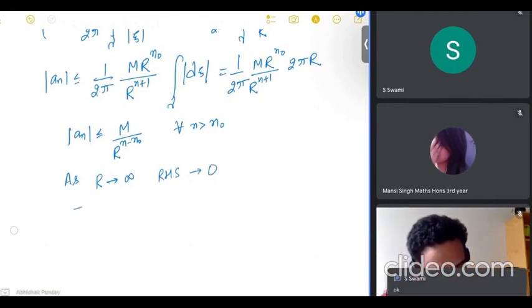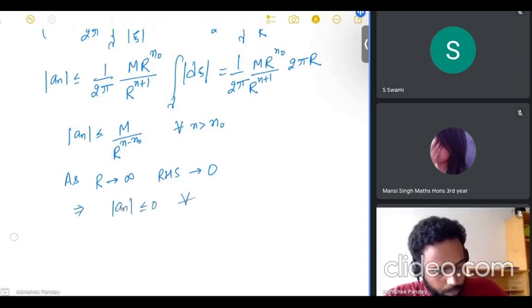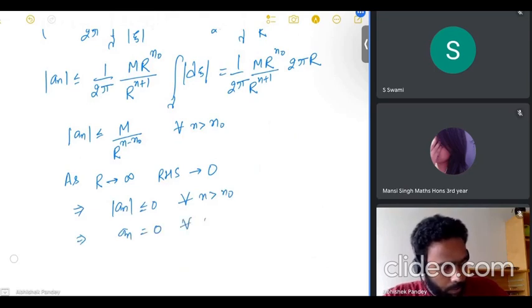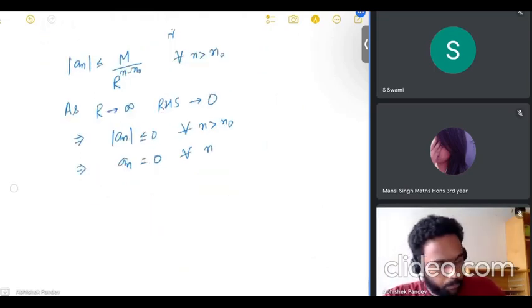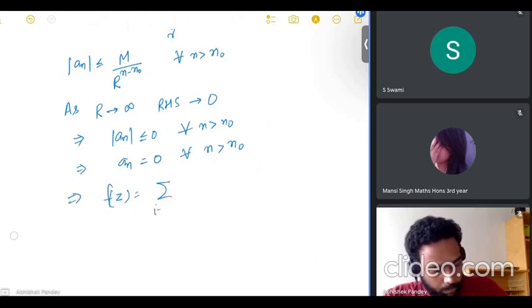So this implies mod a_n is less than or equal to 0 for every n greater than n_0. So this is basically a_n equals 0 for every n greater than n_0. So this implies f(z) is the sum from i equals 0 to n_0 of a_i z to the power i.